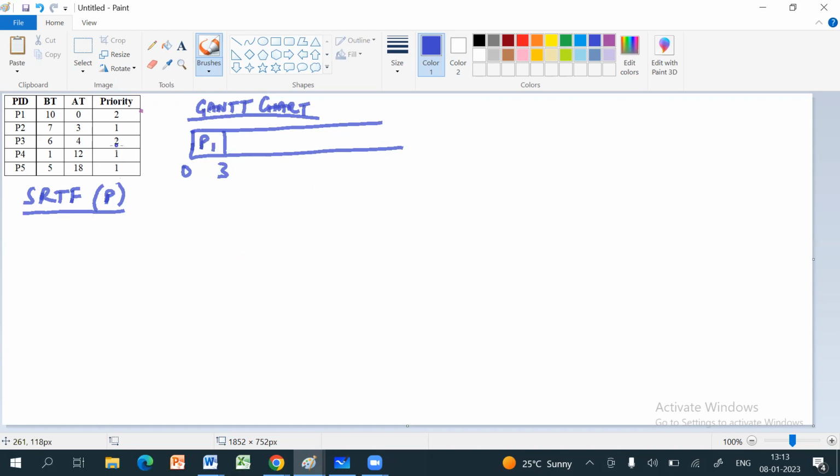Unlike non-preemptive, where it was allowed to complete, here we are following a preemptive version. So obviously P1 will be halted at 3. The remaining time of P1 will be 7 here.